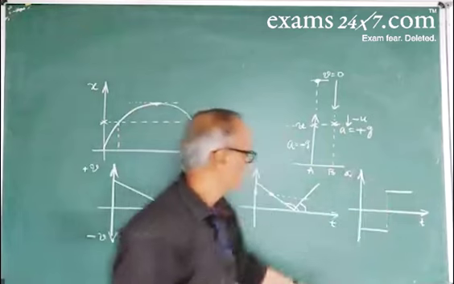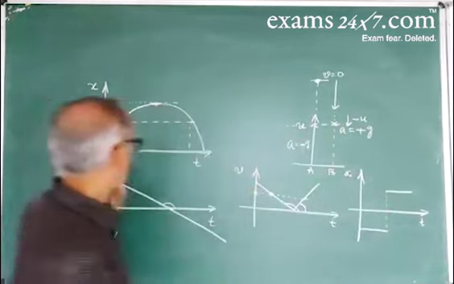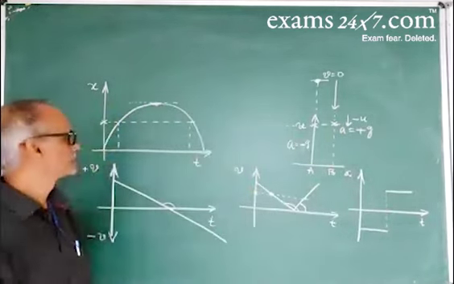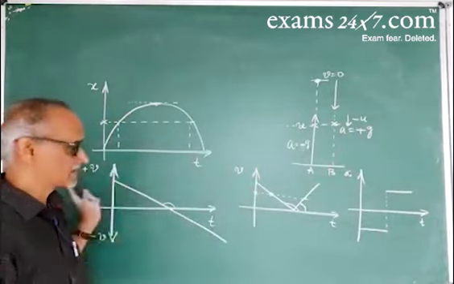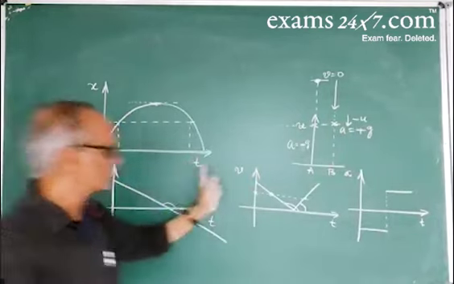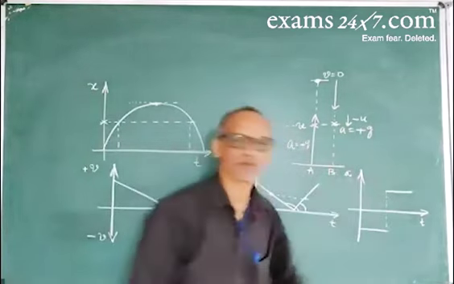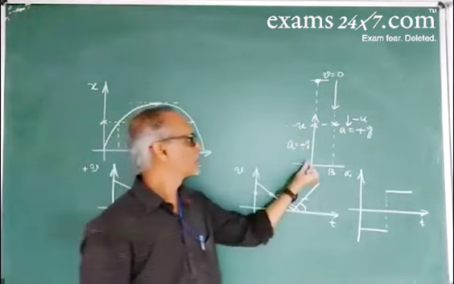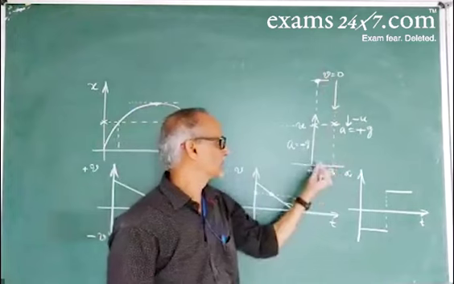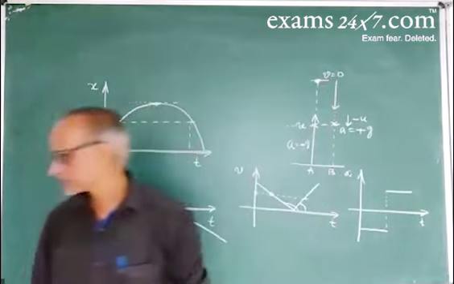Here a is positive and there a is negative. So these are four graphs: the xt graph, the velocity versus time graph, the speed versus time graph, and the acceleration versus time graph for a body thrown upward and then falling back to the same point.